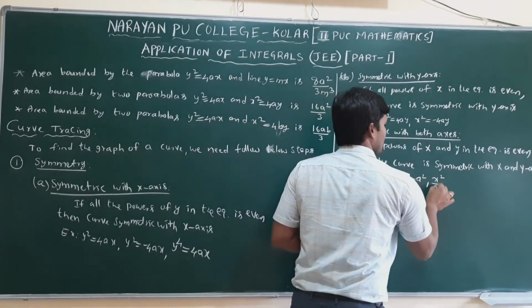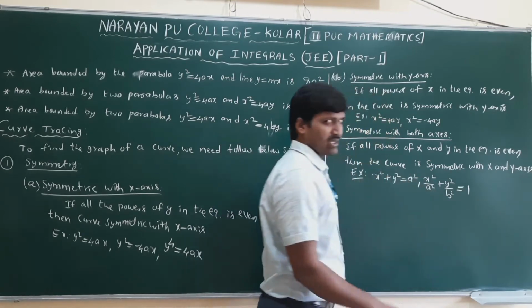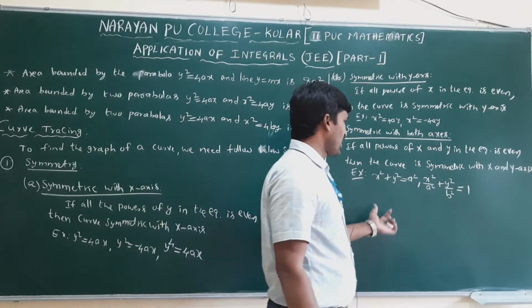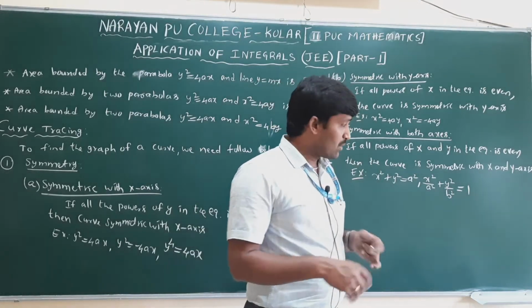If you take an ellipse, these all are symmetric with both axes, not only one axis. Clear? This is a simple example for symmetry with both axes.